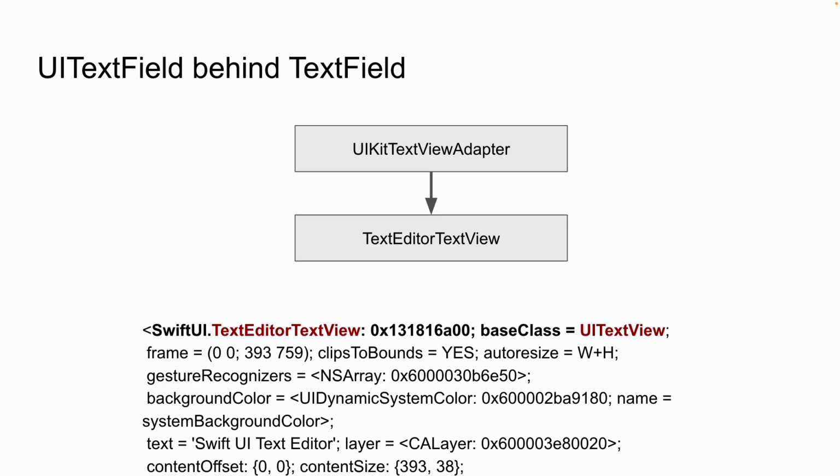You can see that the base class is our old UITextView, so we could just get it and use it, and get some extensions that we could not find in the TextEditor of SwiftUI.